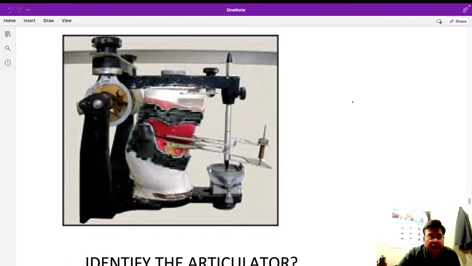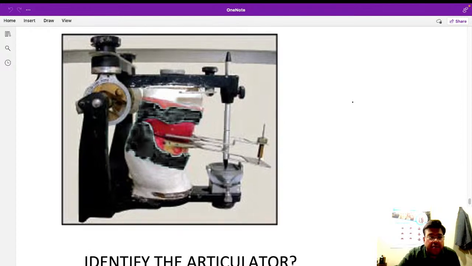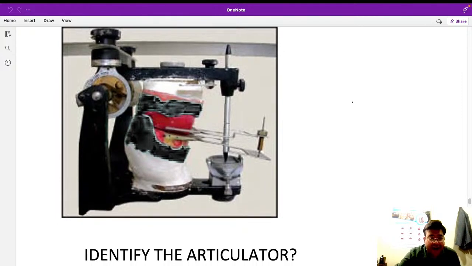What do you see in this diagram? What kind of an articulator is this? Can you identify the articulator?